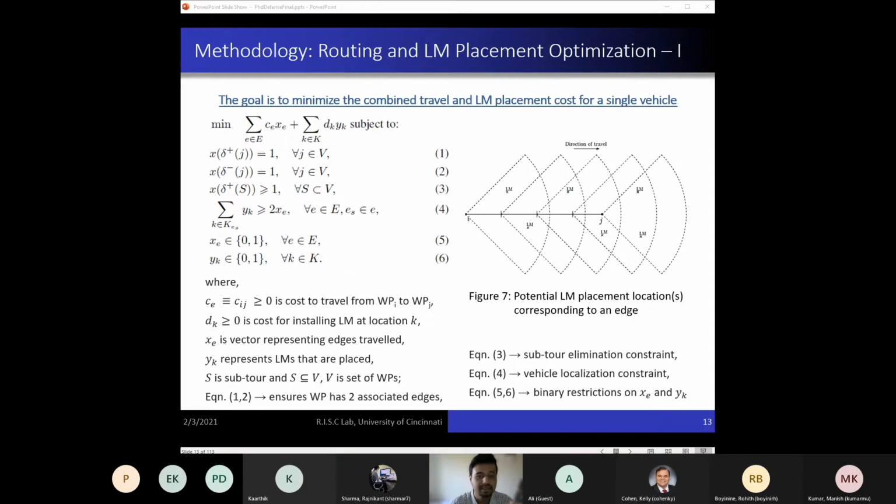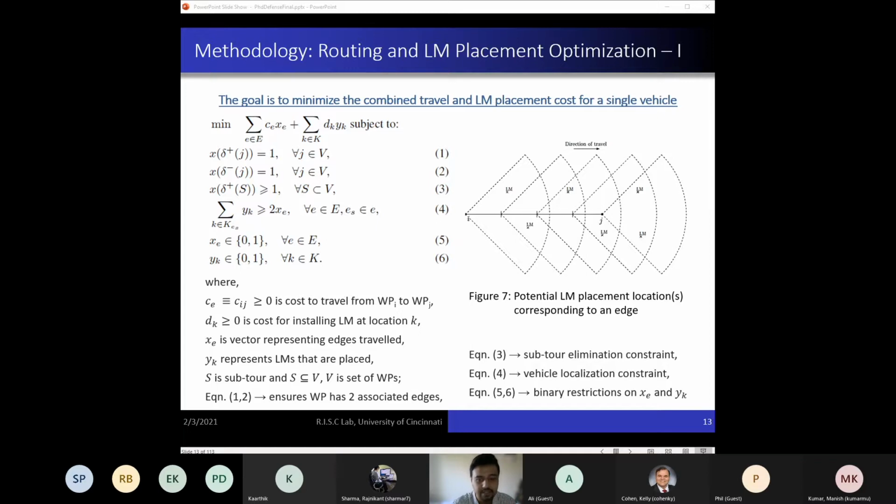This slide shows a set of linear equations and constraints that we're using to solve the optimization problem. In particular, using these equations in a mixed integer linear programming architecture, we are jointly reducing the traveling and the landmark placement cost. This representation, as we can see in figure 7, is for a directed graph. Equations 1 and 2 ensure that each waypoint has 2 associated edges. Equation 3 is the subtour elimination constraint.